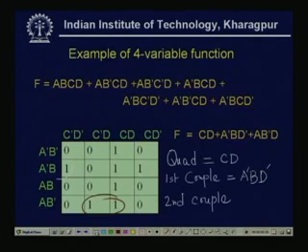So, for the second couple, that row is A B bar, that will be there, because both the adjacent ones exist in the same row, and for the two adjacent columns, see that C and C bar varies, that means they will cancel and it will be D. So, these are C D, A bar B D bar, A B bar D. So, now, see this is my reduced function, that F equal to C D plus A bar B D bar plus A B bar D. So, this is my reduced function.